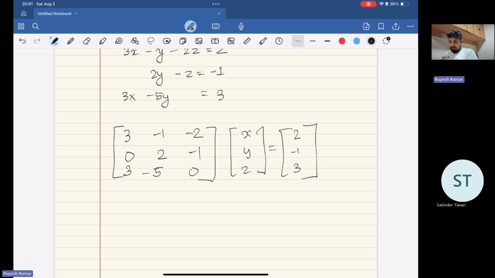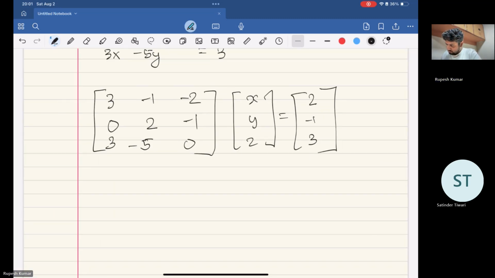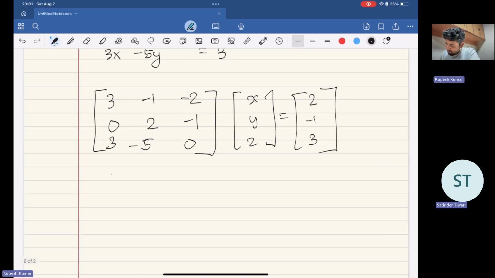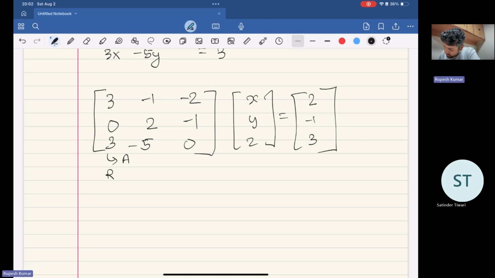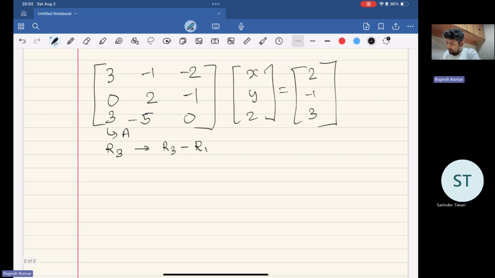So how should I solve this, in the simple way? Let's try using the RREF form. So let's say we can replace R3 with R3 minus R1. You will also need the augmented form, right?